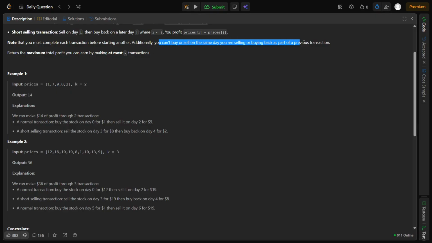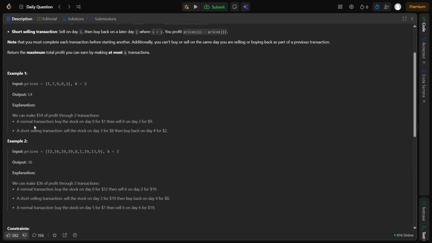But as it is mentioned here, we cannot start the transaction on the same day. We have to wait for the next day or any other upcoming day. So we made a short selling transaction over these two days, and so 8 plus 6, we got 14 as our answer.